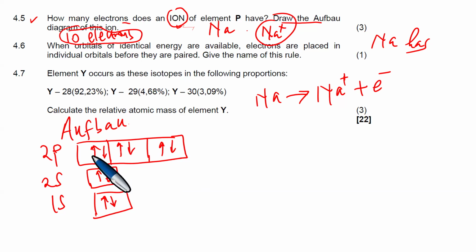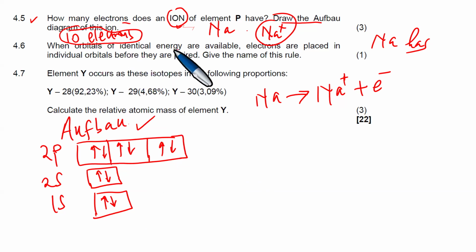So 2, 4, 6, 8, 10. And this is called the Aufbau diagram. It's something that you need to learn, and we're going to discuss this. I'll have to test your understanding of this kind of diagram.